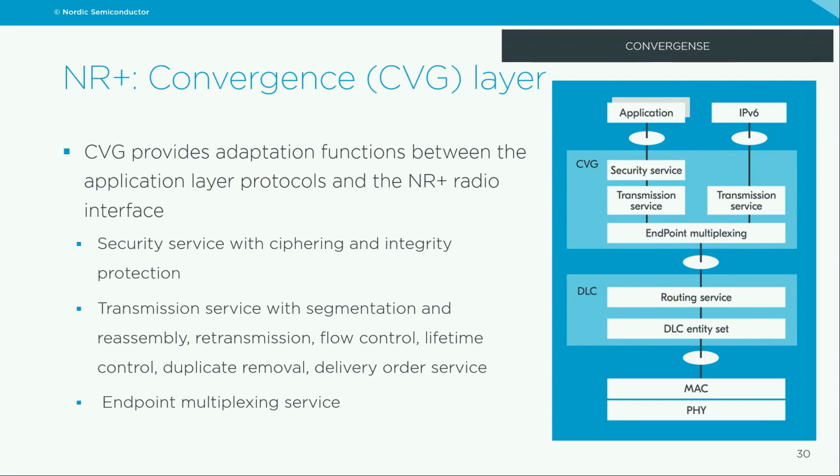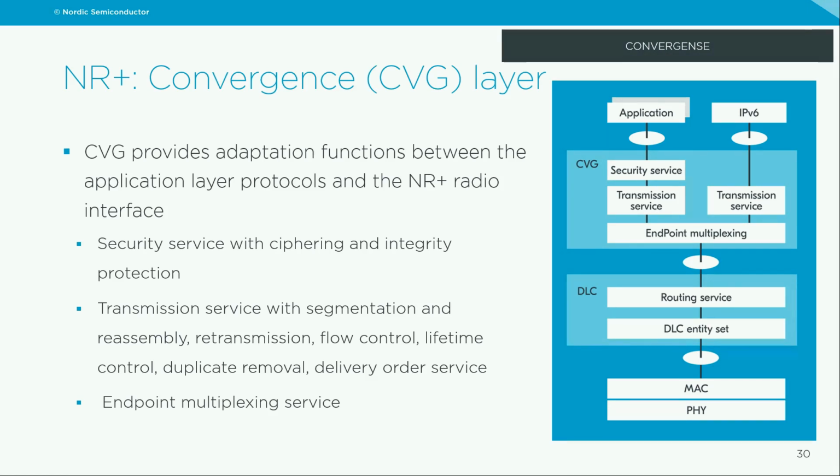Inside the convergence layer, you have the security service with ciphering and integrity protection. And also you have a transmission service with segmentation, reassembly, retransmission, flow control, lifetime control, duplicate removal, and delivery order service. And at the bottom, you have the endpoint multiplexing service.